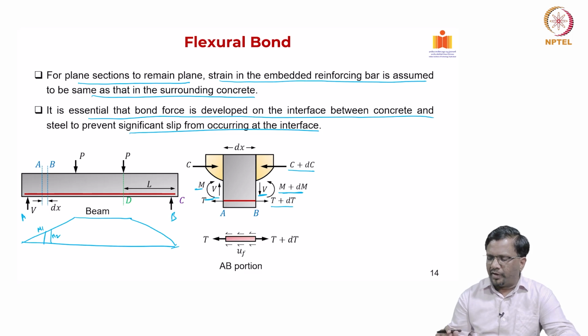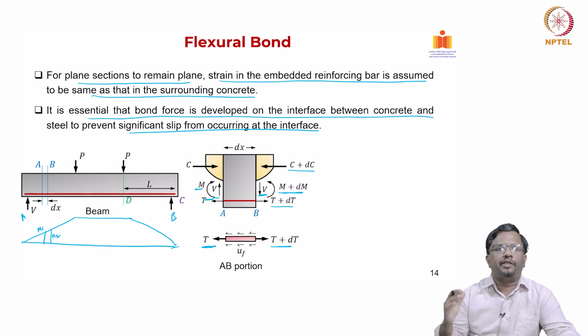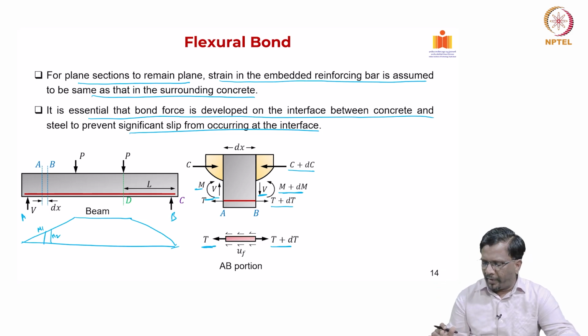Now, to satisfy this, if I take the free body diagram of the reinforcing steel or prestressing steel, on the left side I have tension force T, and on the right side the tension has to increase to T plus dT to resist the increased bending moment. Now, how do we develop this dT?